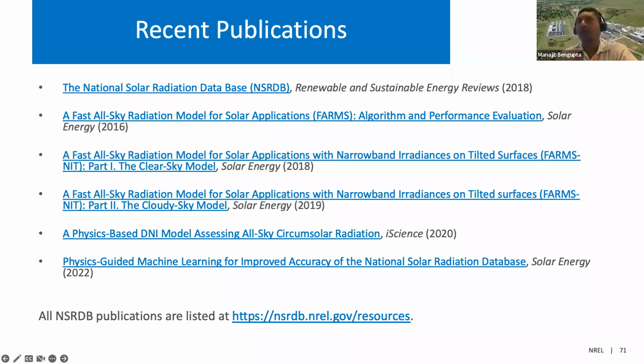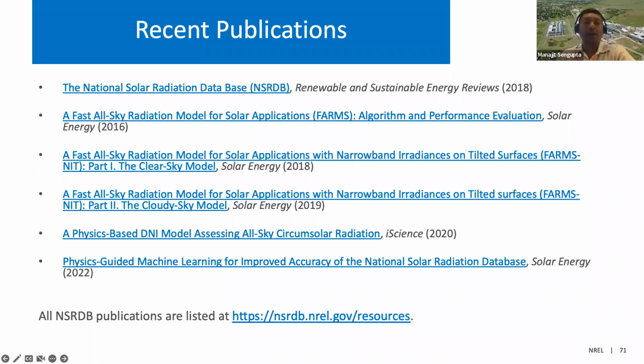If you want to get a full overview of the NSRDB, there is the publication in Renewable and Sustainable Energy Reviews in 2018. The FARMS model has been published. There's also a publication on the spectral model, because NSRDB also has a service to make available spectral data through our website.